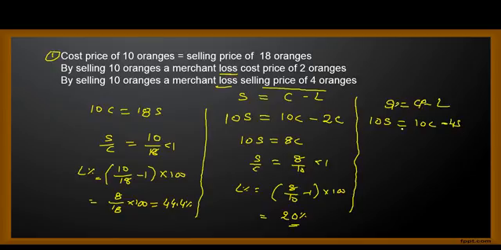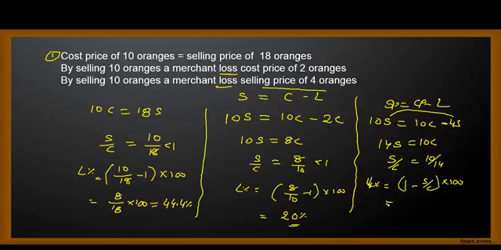Now send this minus 4s to the left hand side. It becomes 14s is equal to 10c. So s by c is equal to 10 by 14. Loss percentage equals (1 minus s by c) into 100.